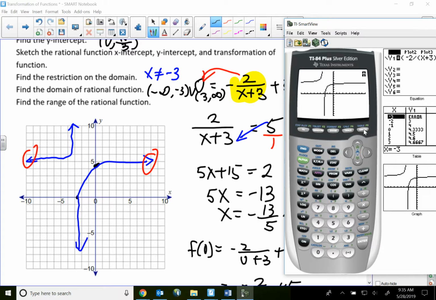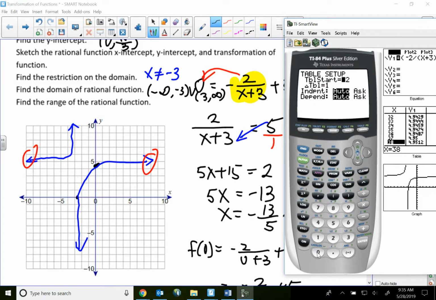But right now, I want you to take a look at the y value. As x keeps going to the right, look at the y value as I scroll down. Still staying at 4 point something. 4.8 right now, 4.9 right now. So as x keeps going to the right, my y value never actually becomes 5. Let's go the other way.